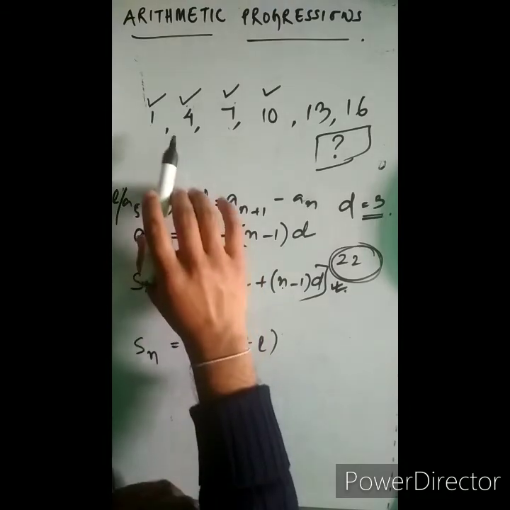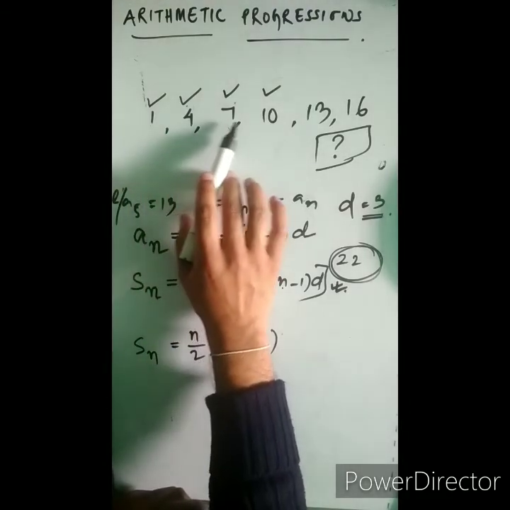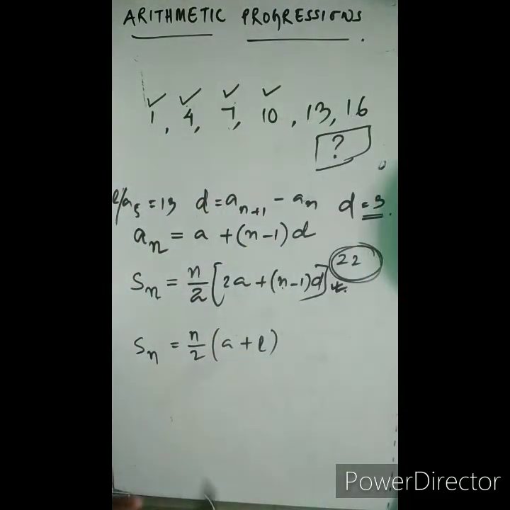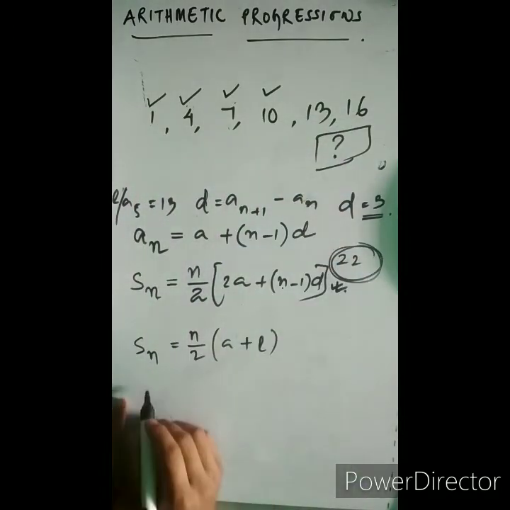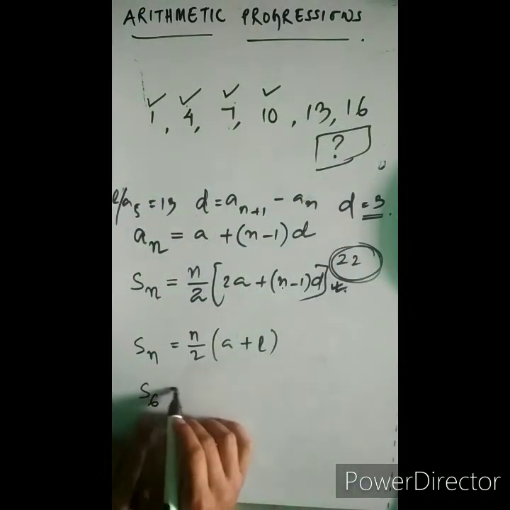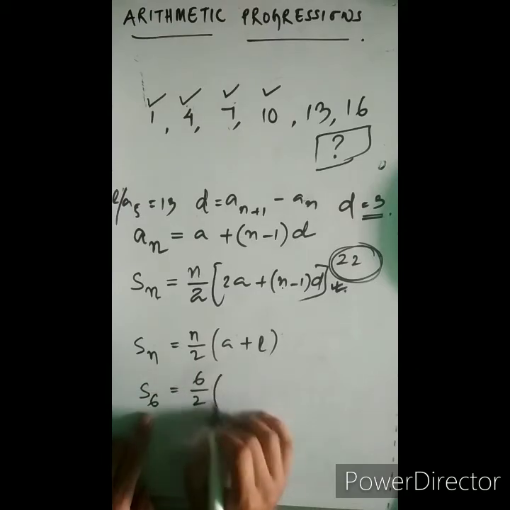So here how many terms we have? 1, 2, 3, 4, 5, 6. That means S6. In this particular AP we have only 6 terms. So when we add all these 6 terms, what will be the sum? Since there are 6 terms, we'll write 6 divided by 2.